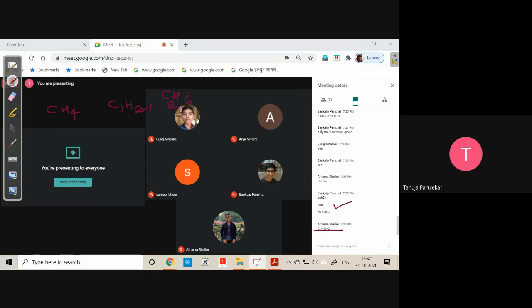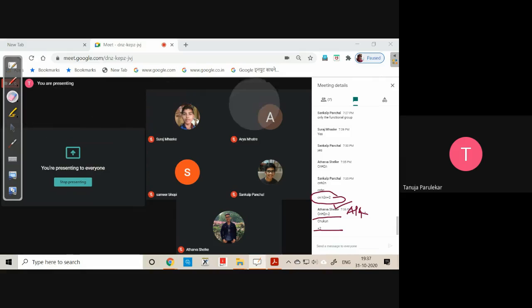This is correct: CnH2n plus 2. Alkanes are represented by CnH2n plus 2. Okay, very good. So alkanes are represented by CnH2n plus 2.